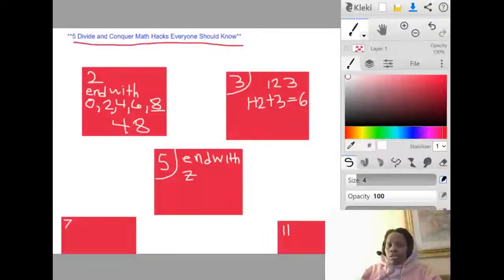So I'm going to say 0 or 5. For example, 45 ends with 5, so it is a multiple of 5. The number 120 also ends in 0, so it is also a multiple of 5.